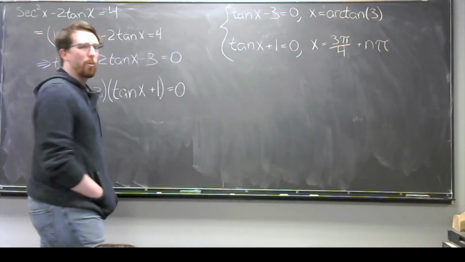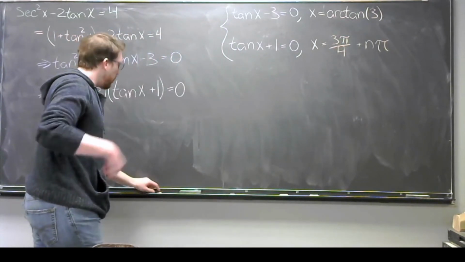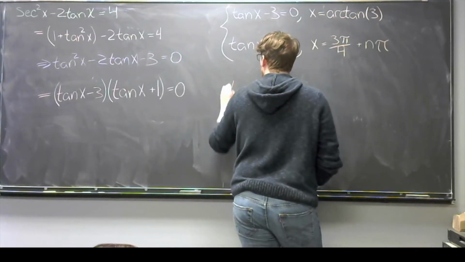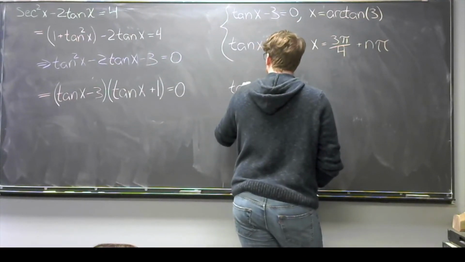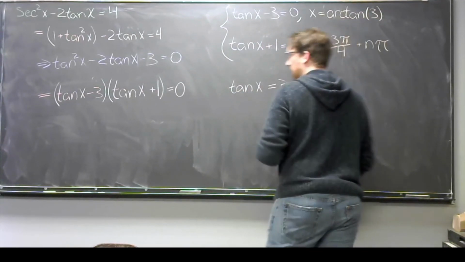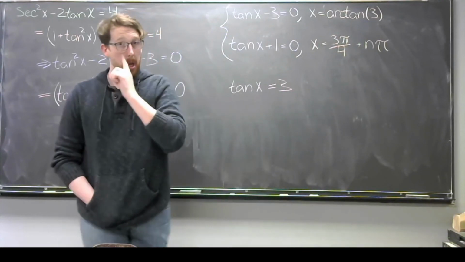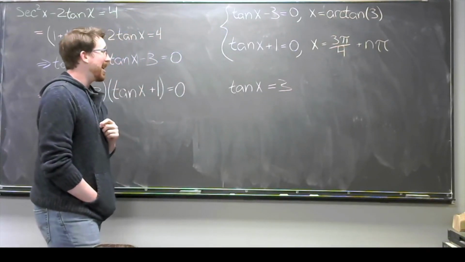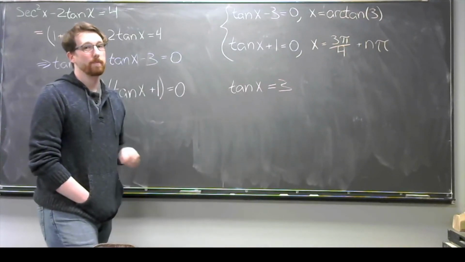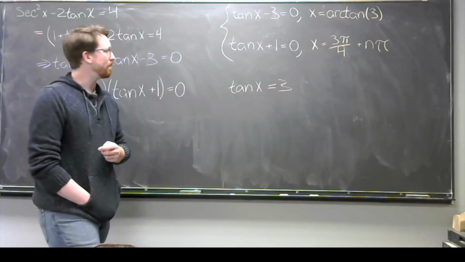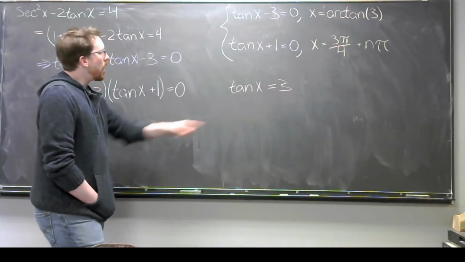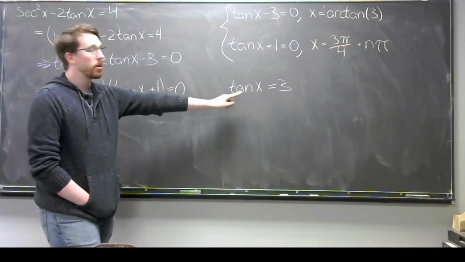Why? The reason is because we add 3 to both sides. Tangent of x is equal to 3. And I have no clue what that x value needs to be. Nothing on the unit circle tells me. But I can apply the arctan to both sides.